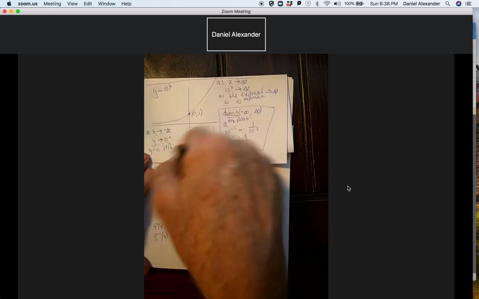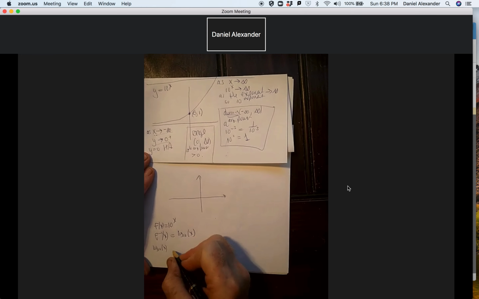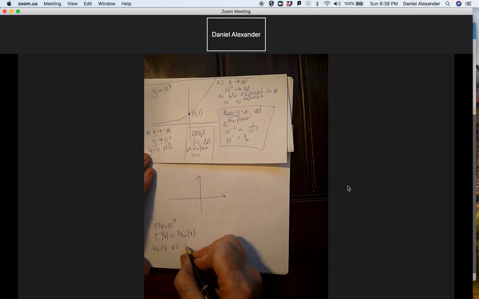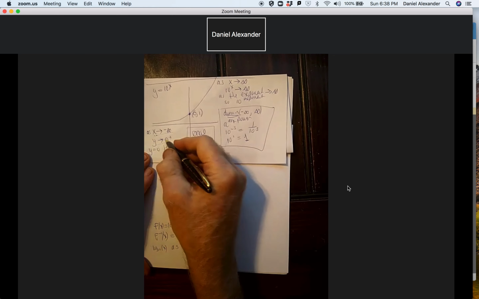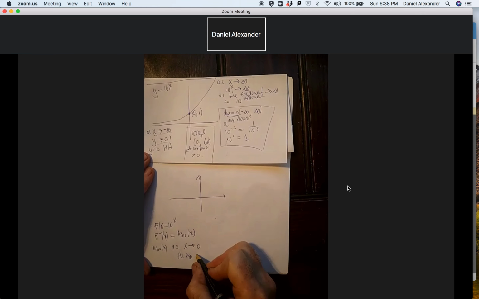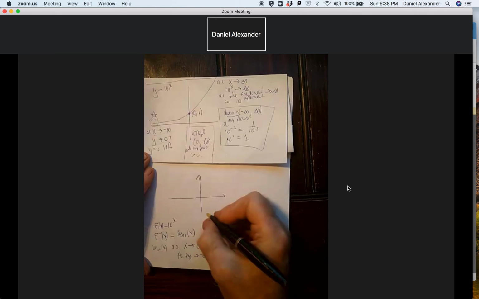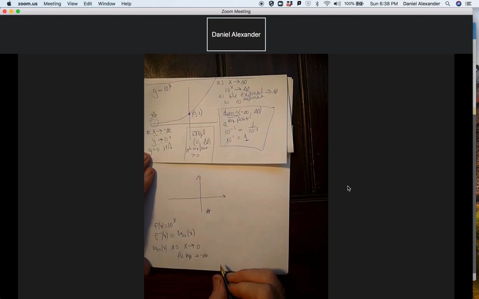Remember, we're going to switch the role of x and y. So for the log base 10 of x, as x approaches 0, the exponent is going to go to minus infinity, and we'll verify this. So this point here is now going to be down here. We're switching the roles of x and y.